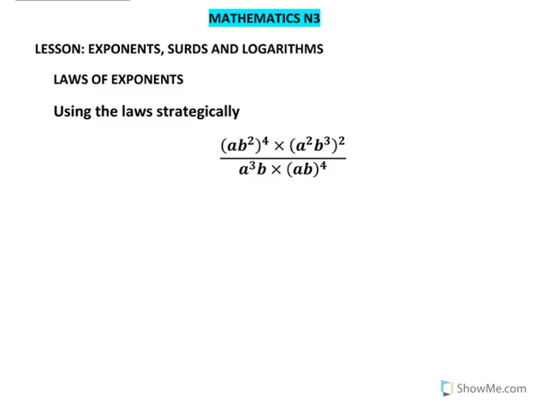Now, let us use the laws to strategically solve these problems.